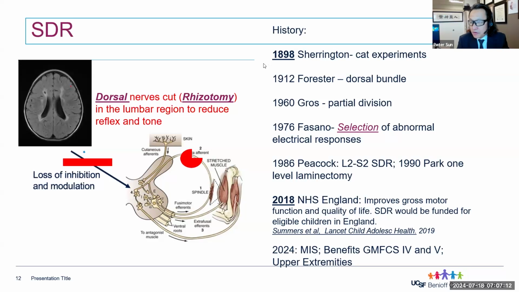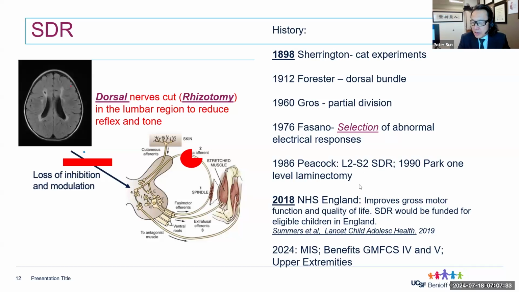The reflex physiology was actually worked out by Sherrington back in 1898. And in the 1970s, Fasano introduced the concept of selecting abnormal responses from individual nerve roots, hence the selective in selective dorsal rhizotomy.